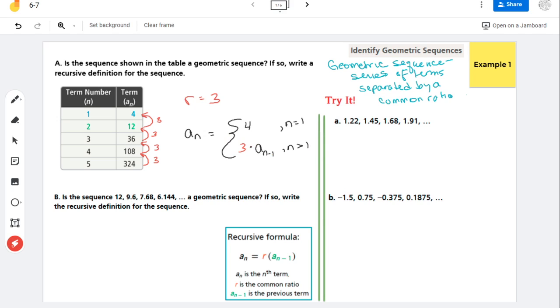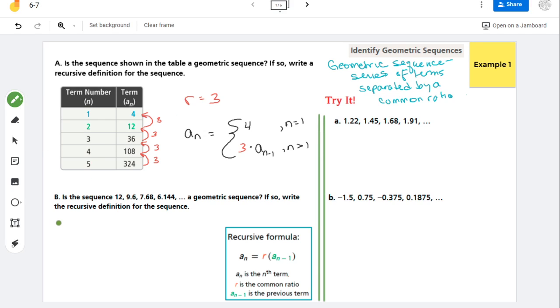Now part B is asking us to tell if we have a geometric sequence or not, and then to write the recursive formula. So let's go ahead, I'm going to take out my calculator, and I'm doing the same trick that I did last time, dividing each term by the one before it.